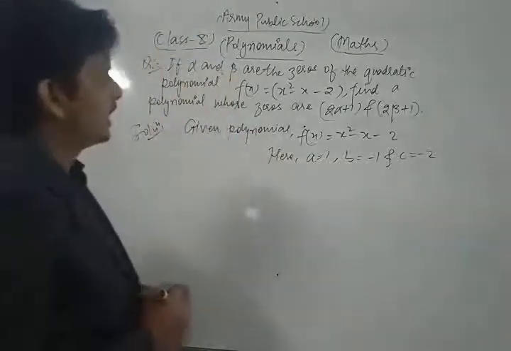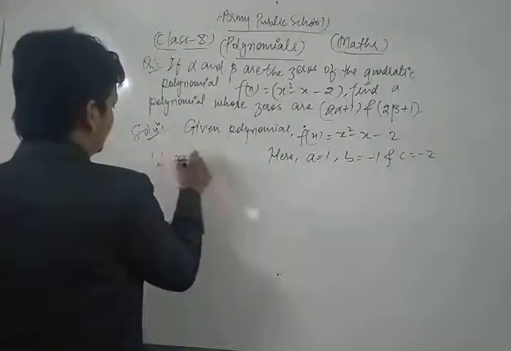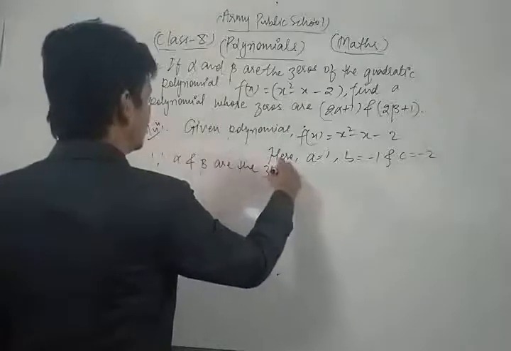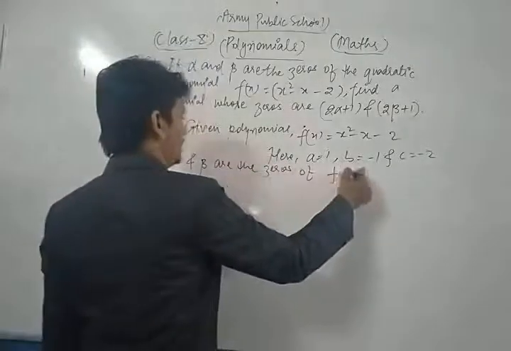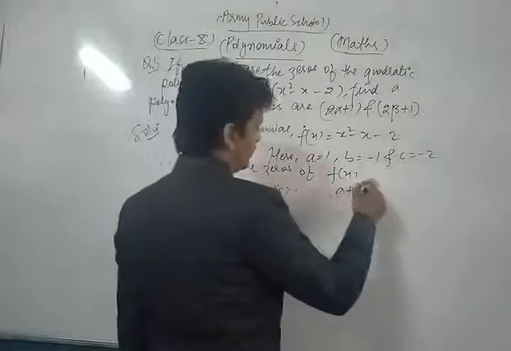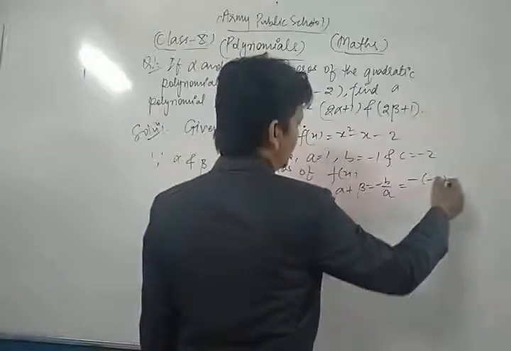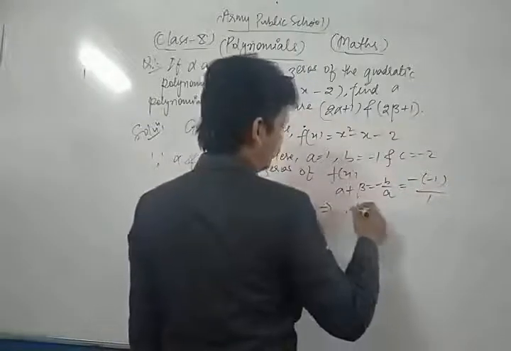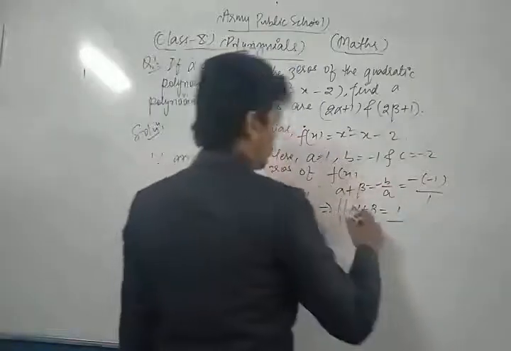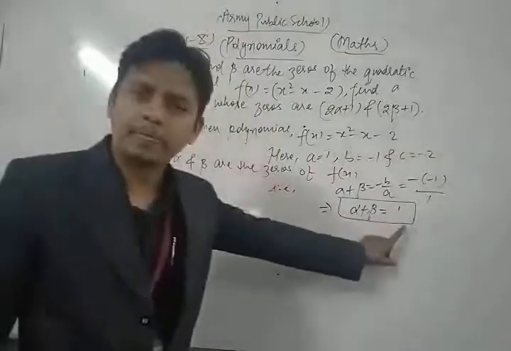Now what do I do, dear students? Since alpha and beta are the zeros of the polynomial f(x), the sum of zeros alpha plus beta is equal to minus b by a, that is minus of minus 1 upon 1, so the sum of zeros is plus 1. So alpha plus beta is 1.